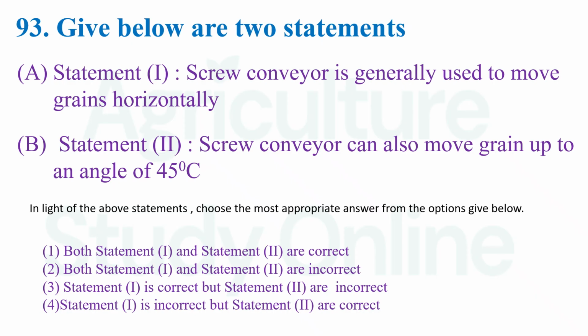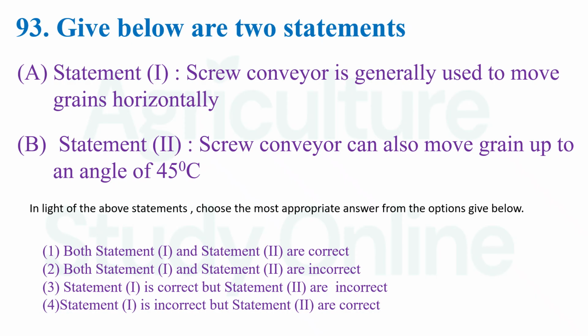Question 93. Given below are two statements and we have to choose the most appropriate answer from the options given below. So first one is the screw conveyor is generally used to move grain horizontally. So this is true because the screw conveyor is commonly used to move grains horizontally. Next is the screw conveyor can also move grain up to an angle of 45 degrees.